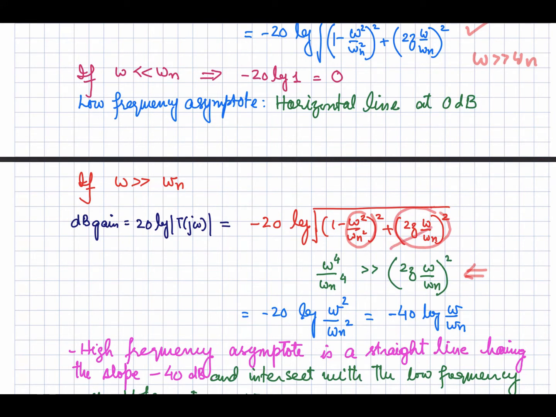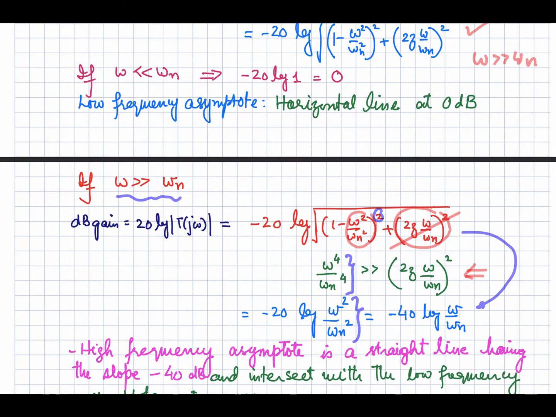So you can neglect this one, and as it is the square, 1 minus omega square by omega n square will be simply equal to omega 4 by omega n 4, and taking the square root of that, you will get this expression. So with the approximation that omega is very high as compared to omega n, we can write this expression like this, that this is equal to minus 40 log of omega by omega n.